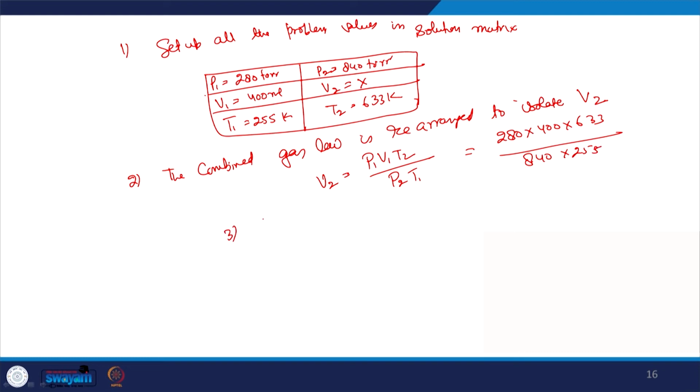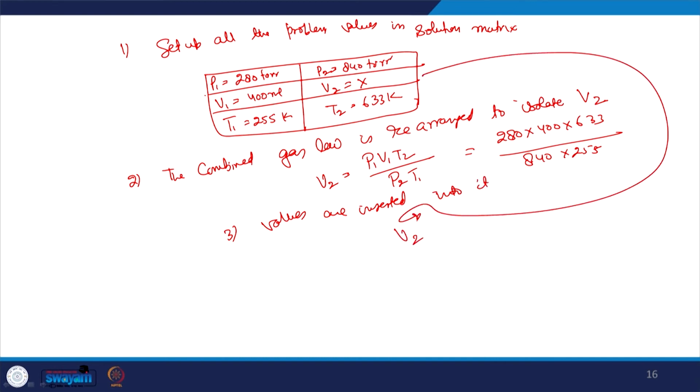The third stage, values are inserted into it, and V2, which is the desired one, comes out to be 330.9 ml, and that is the answer.